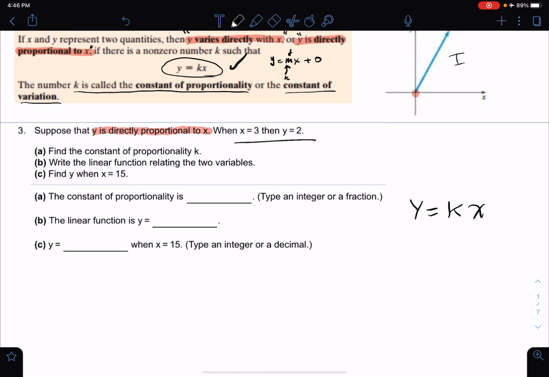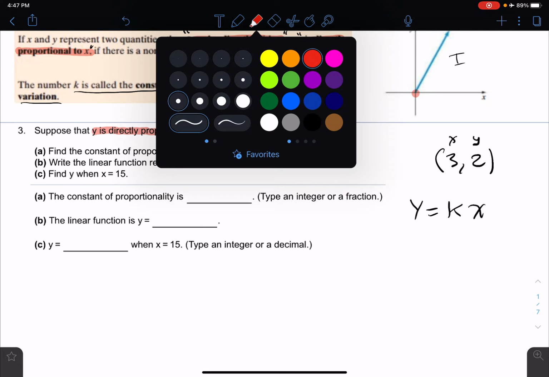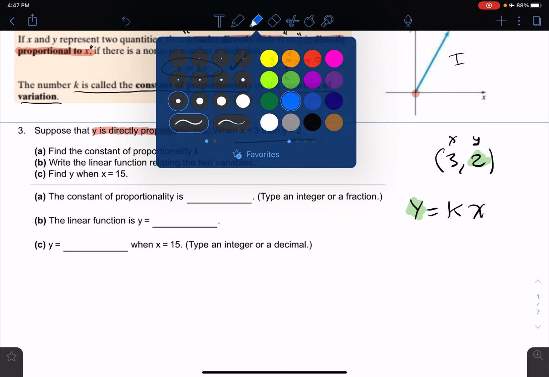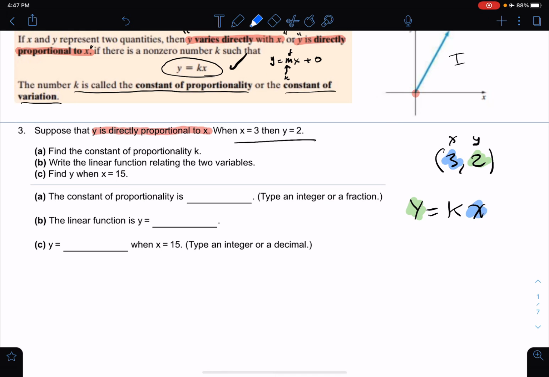Now they're going to give us some information. When x equals 3, then y equals 2. Once again, that's x and that's y. Well, then we could say, y is 2, so put y there, and x is 3, so put x there.